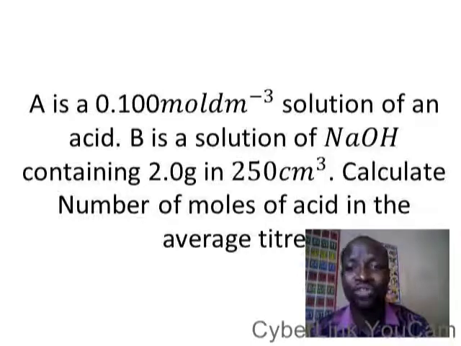B is a solution of NaOH containing 2.0 g in 250 centimeter cube. Calculate. There are a number of things you will calculate here. Number one, the number of mole in the average titer. The average titer you are using here is 16.00 centimeter cube.